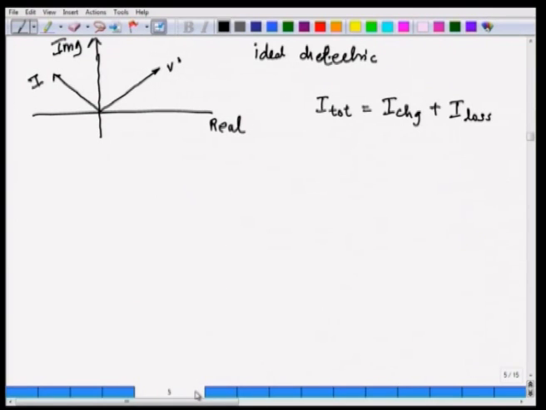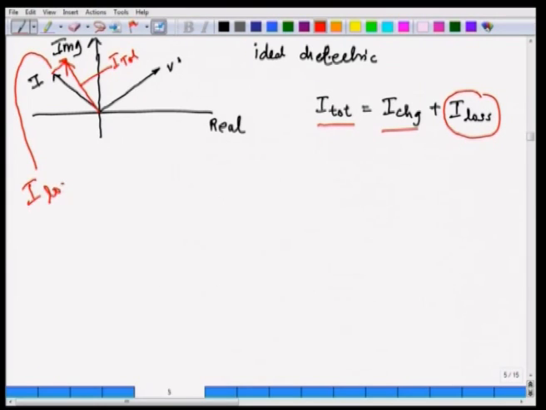So in that case, this red portion has to be shown. I charging is this current. If I show the loss current as something like this, I loss, then this total current is this current. This is the loss current, and in that case we get this angle.